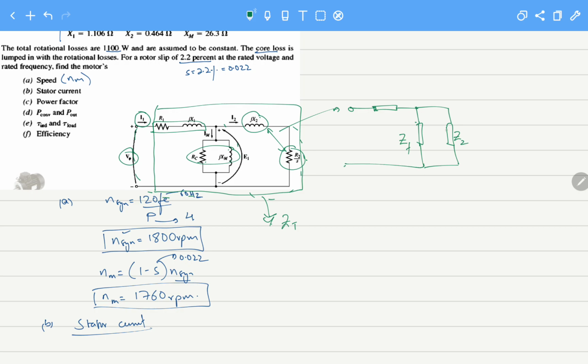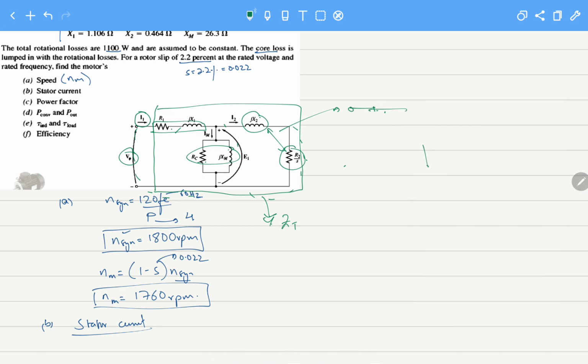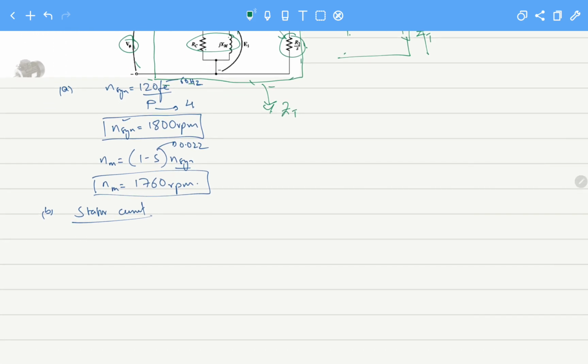Once I have these two, they are in parallel, so I will calculate their parallel impedance. It will turn out to be one impedance, which then adds in series with this already existing impedance. Finally we will have one impedance ZT, and we divide V phase by this ZT to calculate I1. I will perform it, and I hope it will become clear.